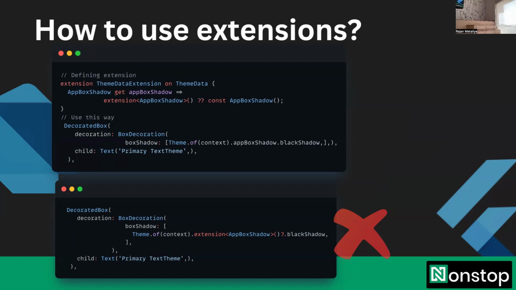By using Theme.of(context), you can get the box shadow, whatever your properties are. This is the same as we do with any other things before, right?